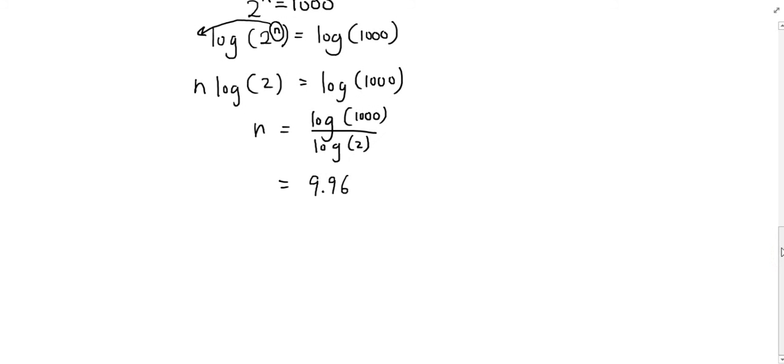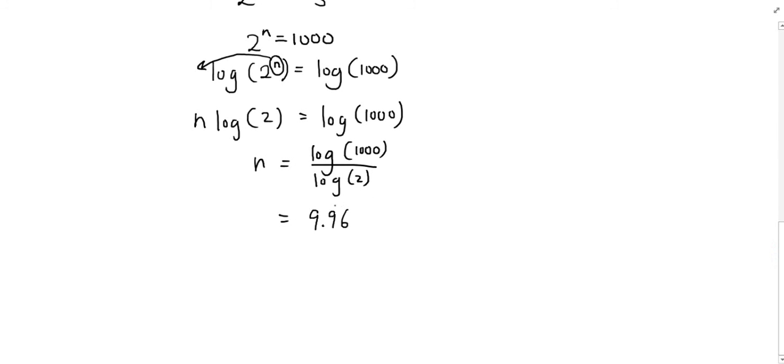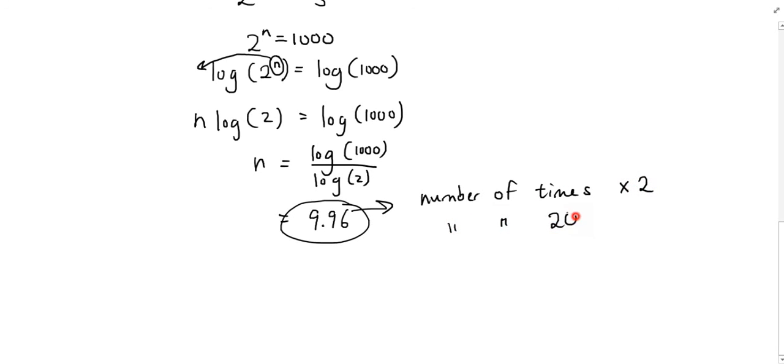9.96 is the number of 20-minute periods. n is the number of times you're multiplying it by 2, which is the number of 20-minute intervals. So in order to get t, we would have to multiply n by 20.